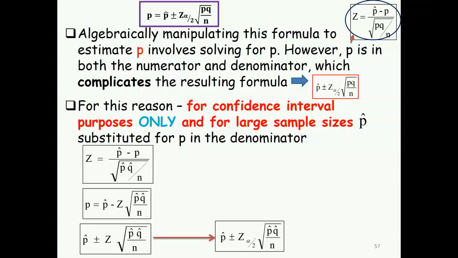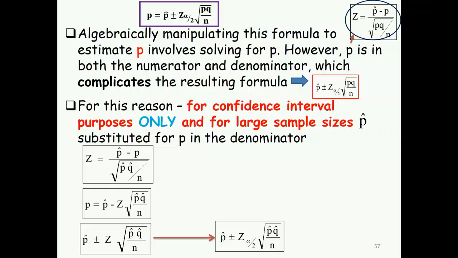So only for a confidence interval case, only in this case, let us change this P and Q to P hat and Q hat. P hat means sample proportion. When you put the hat, it is the sample.